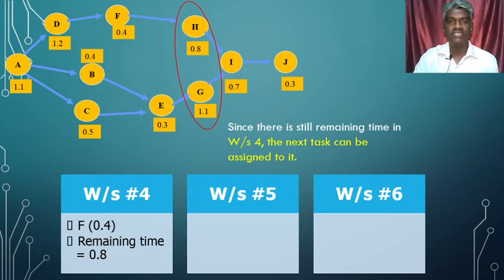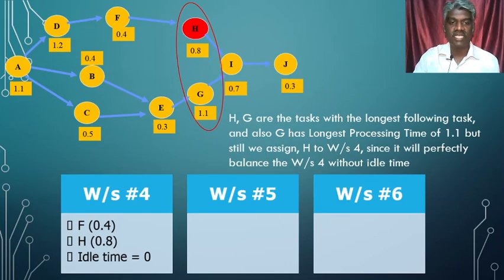We would assign G because it has the longest processing time, but workstation 4 has a remaining time of 0.8. If we accommodate H, we can perfectly balance workstation 4. So we assign H to workstation 4 so that the idle time is 0. Perfectly balanced workstation.